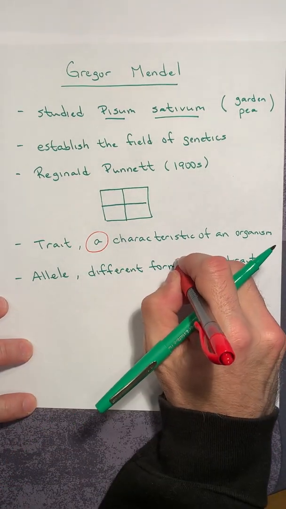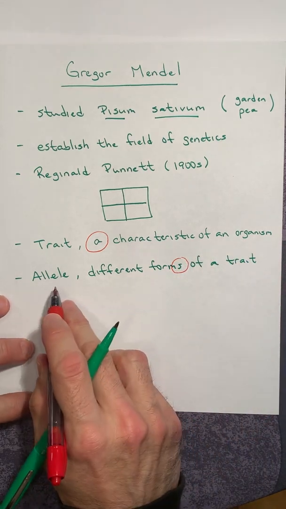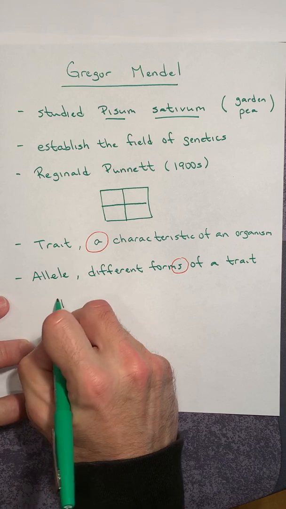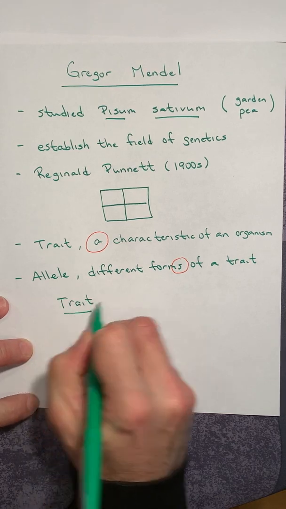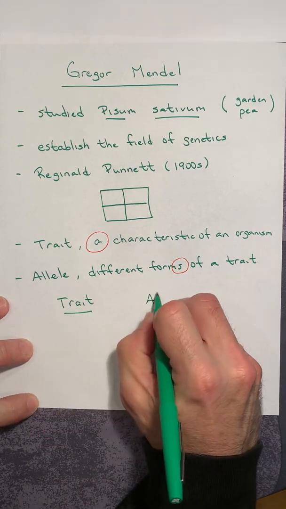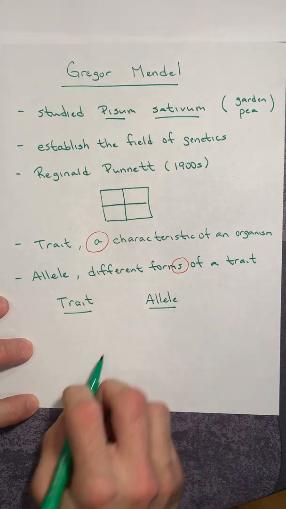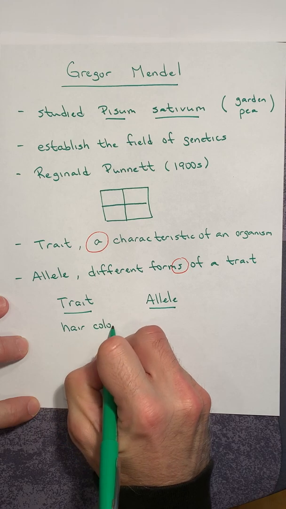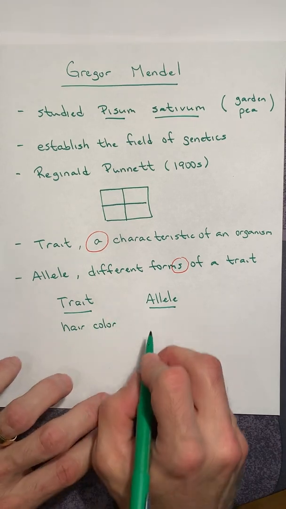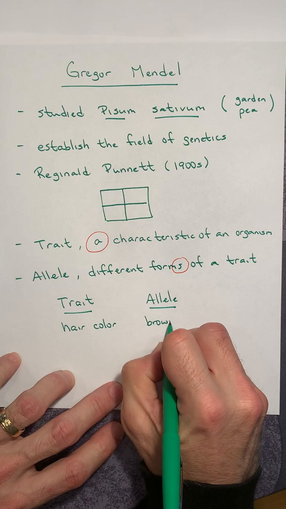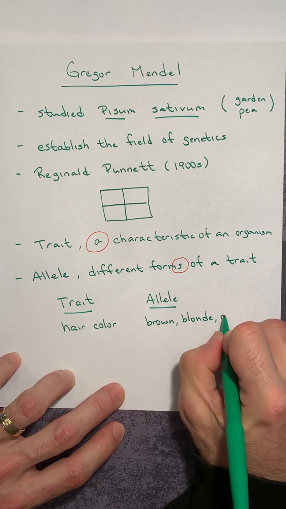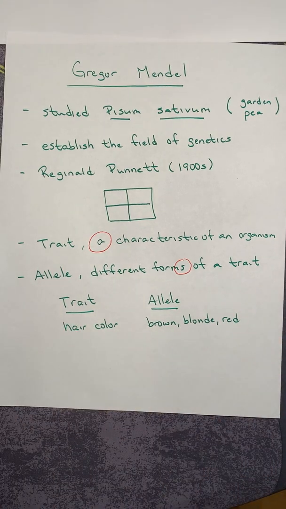Notice here that there are multiple alleles for every trait. You say, well, what does that mean? Let's make a simple chart. Let's go trait, and let's go allele. In our species, you have hair color. There's brown, and there's blonde, and there's red. People say, well, what about black hair? In our species, there's no such thing as black hair.